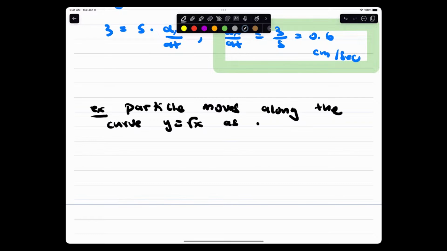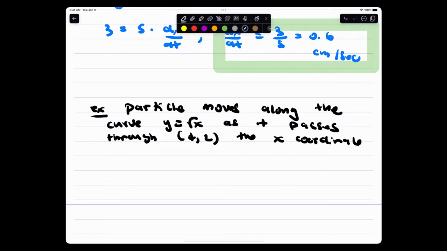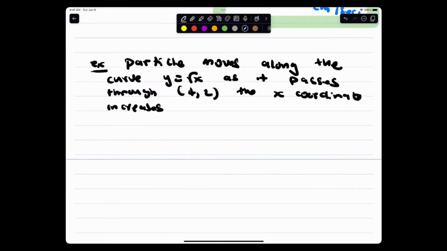And as it passes through the point (4, 2), the x coordinate increases at a rate of, again, 3 centimeters per second.